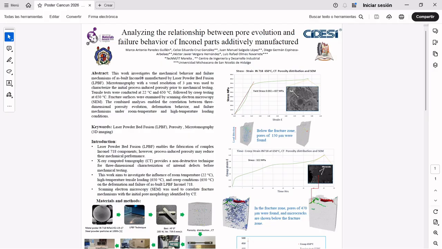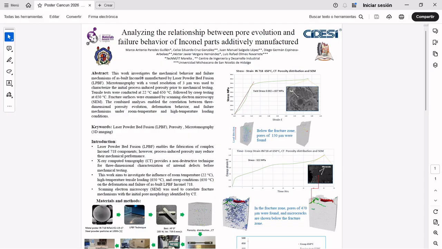Laser powder bed fusion (LPBF) enables the fabrication of complex Inconel 718 components, however process-induced porosity may reduce their mechanical performance. X-ray computed tomography (CT) provides a non-destructive technique for three-dimensional characterization of internal defects before mechanical testing.